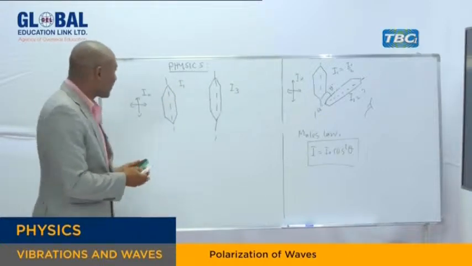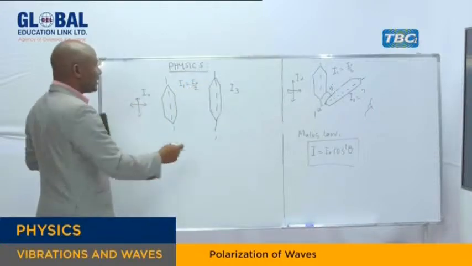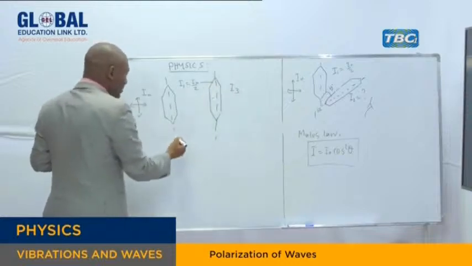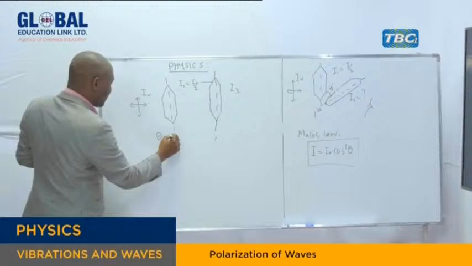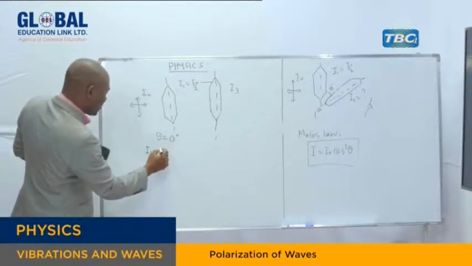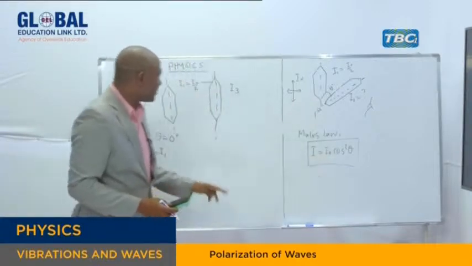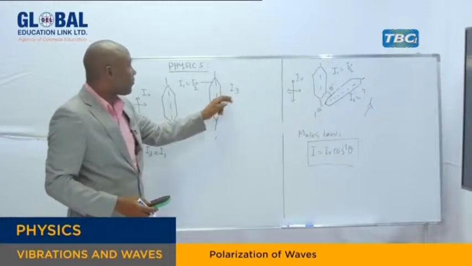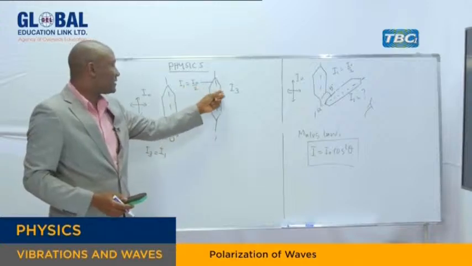For example, here we know this is half. What happens when it's passing through the second polarizer, which is parallel? It means the angle here is 0. So our angle between the two axes is 0. So what is I3? I3 equals I1 times cosine squared of the angle. We consider what was the initial intensity of the light coming from the first one before passing to the second polarizer.